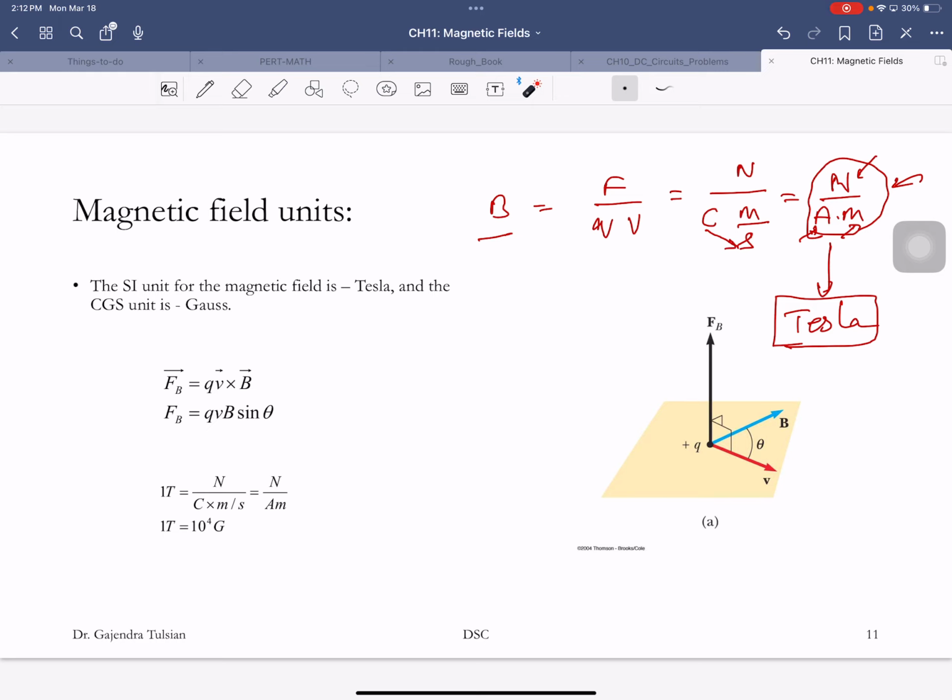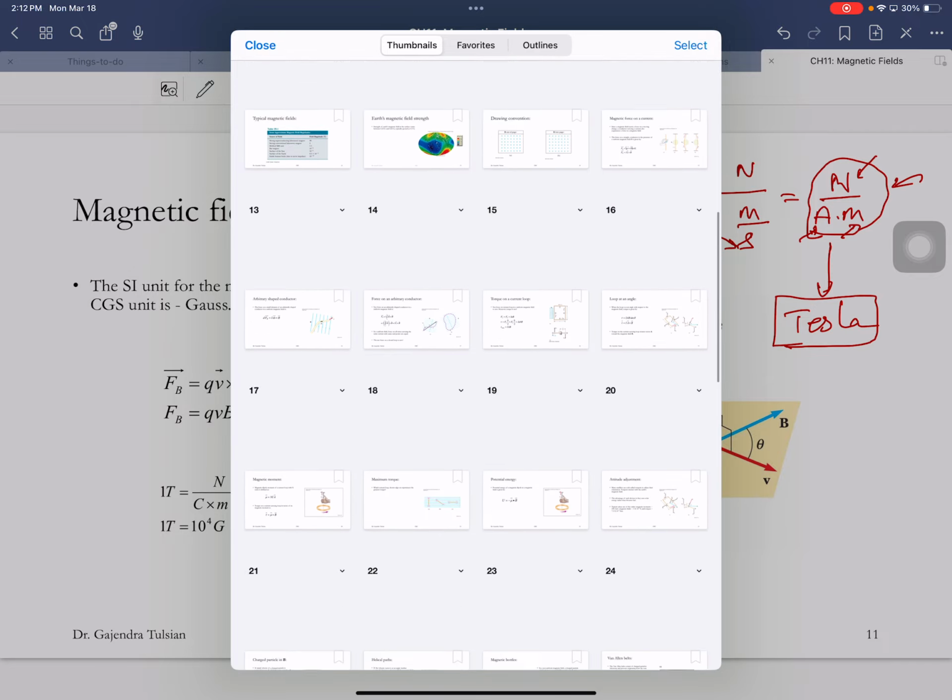I don't know if you guys have had MRIs recently, but in an MRI machine, you can have up to 3 Tesla fields. The higher the field, the sharper the image. Let me show you how strong the field is.